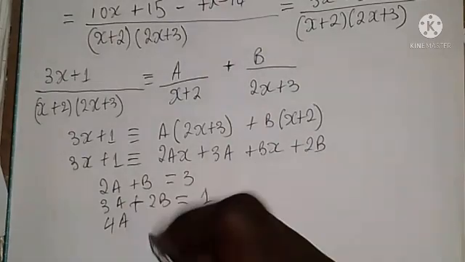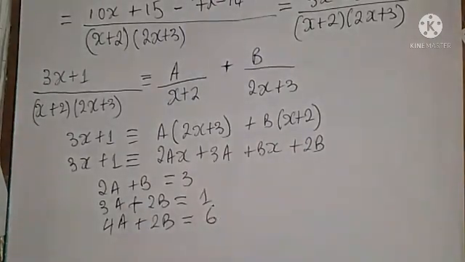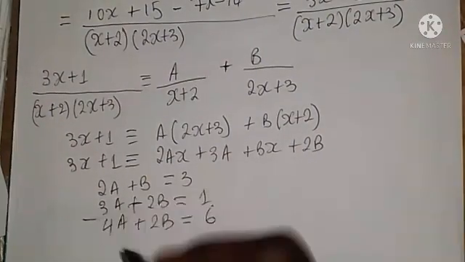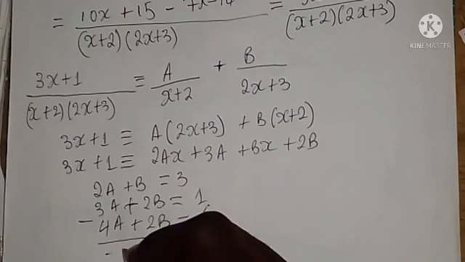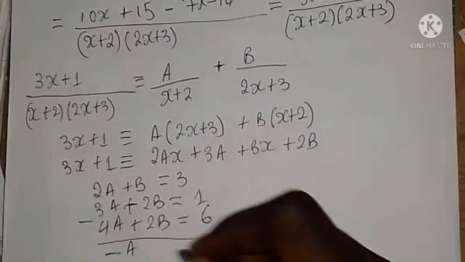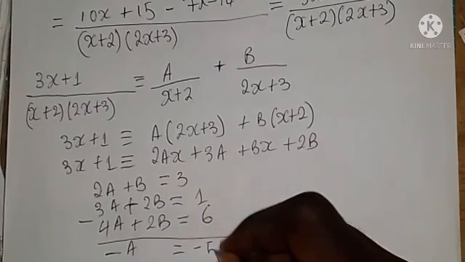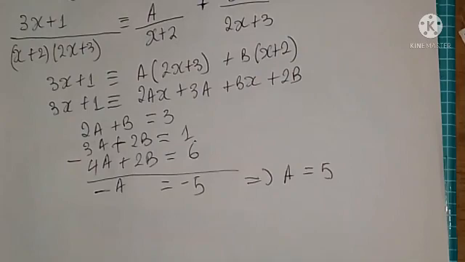So we're going to have 4A plus 2B equal to 6. So carrying the subtraction here, I'm going to have minus A equal to minus 5, and this implies that A is equal to 5.